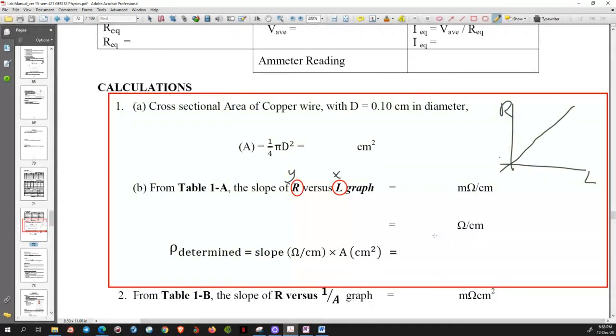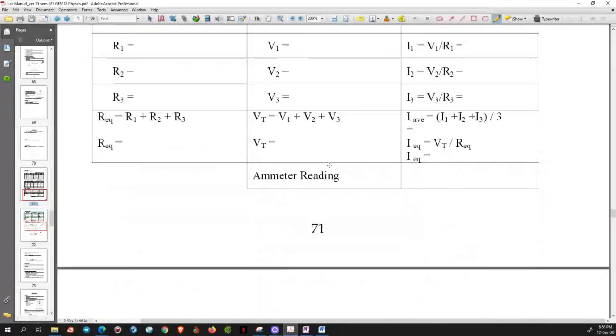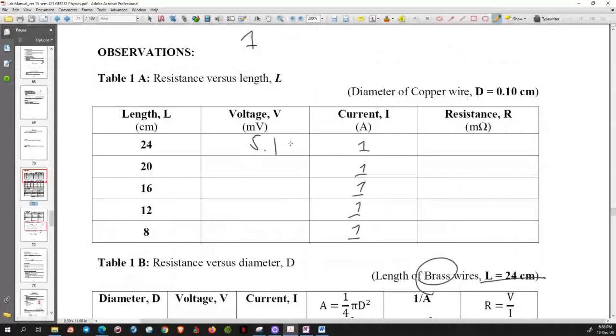The rule for the slope is the same everywhere. The slope is equal to delta y over delta x. The easiest way is to take your point, for example, 5.1. This becomes my resistance, 5.1. I know this is my y and this is my x. When I find the slope, I take delta y over delta x, which is equal to y2 minus y1 over x2 minus x1.